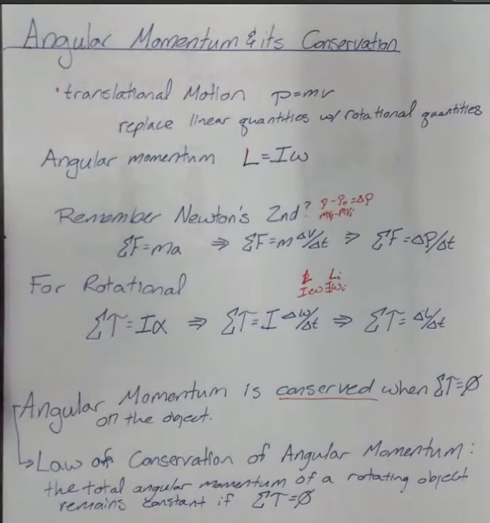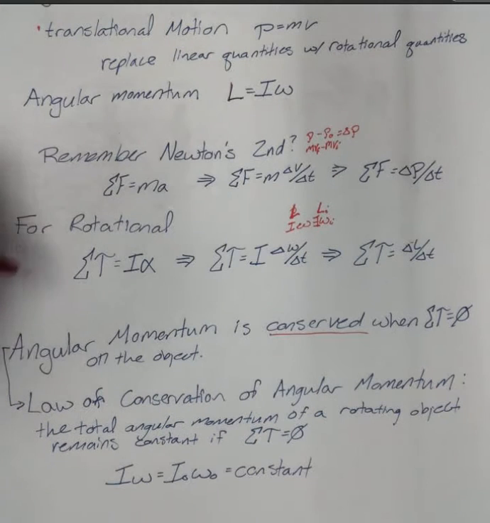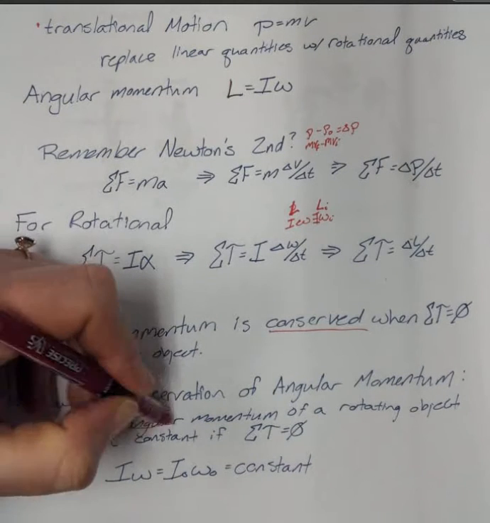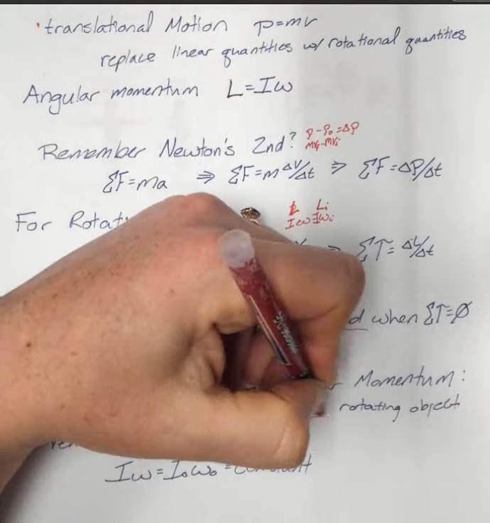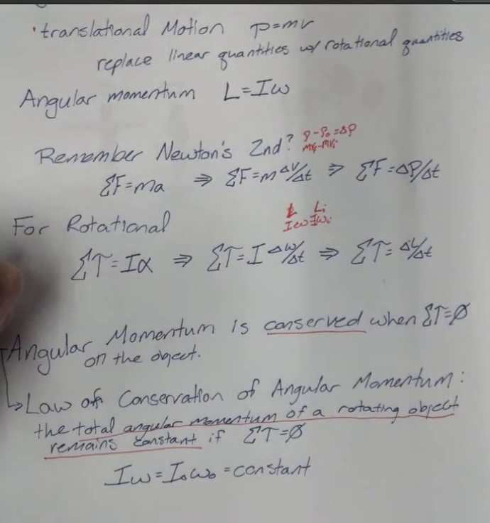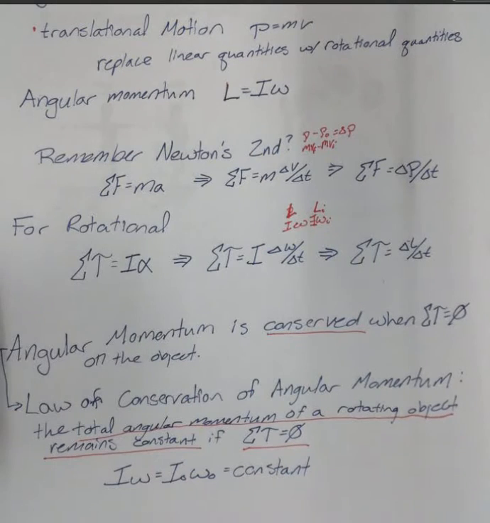That is analogous to saying that momentum is conserved when there is no net external force acting. Same physical concept. And that gives us the law of conservation of angular momentum, which states that the total angular momentum of a rotating object remains constant, a conserved quantity, as long as the net torque on that object is 0.